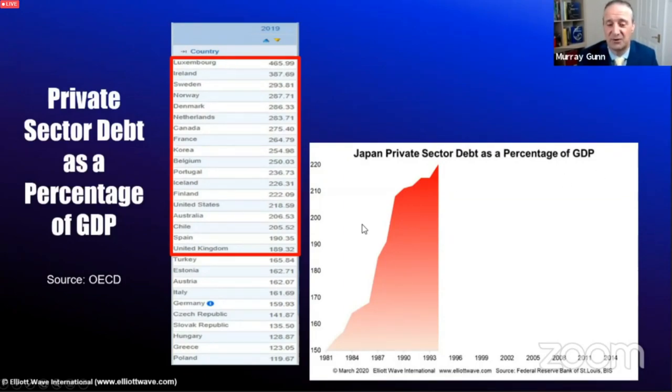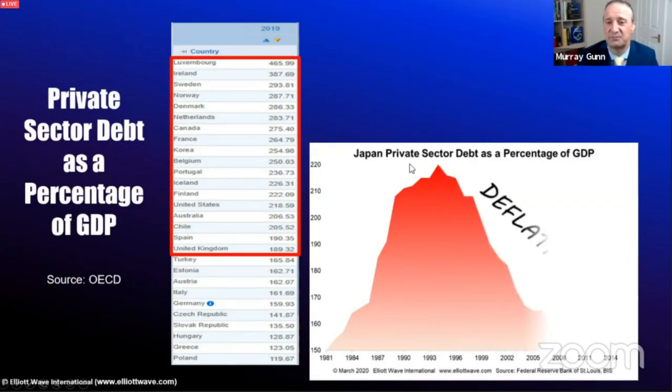And why is that important? Well, if we look at what happened in Japan back in the 1980s, we can see that Japanese private sector debt as a percentage of GDP rose very markedly, similar to what's happened in the Western economies over the last few decades. And then when social mood turned down, which drove the stock market down, we can see that Japanese private sector debt as a percentage of GDP went down.